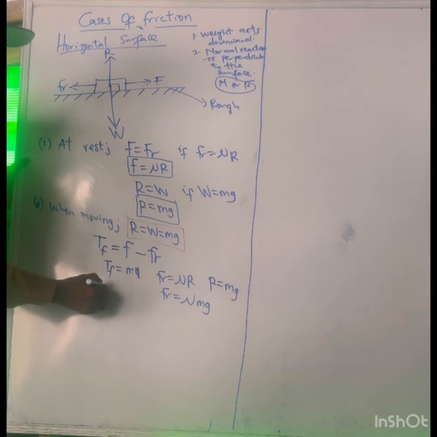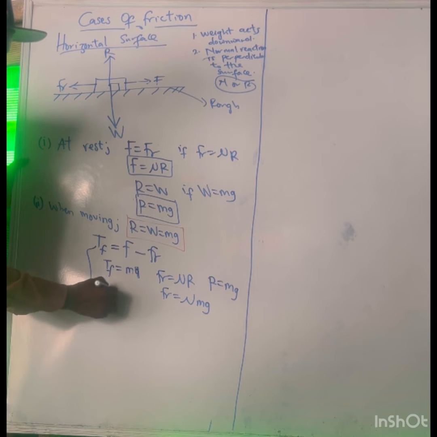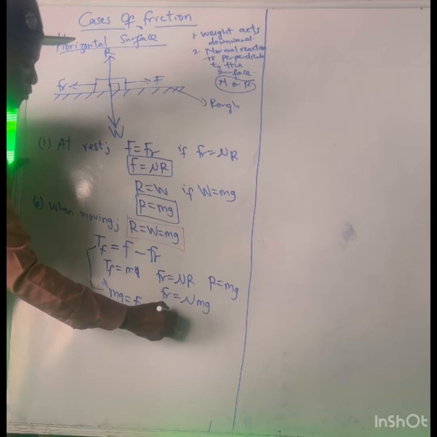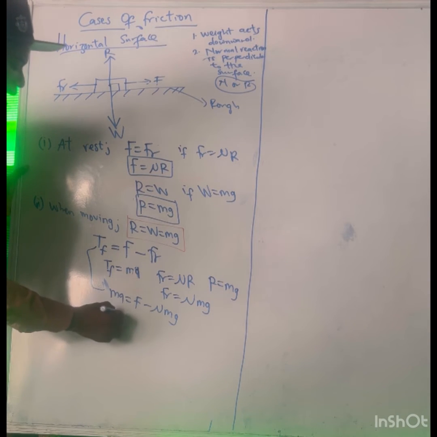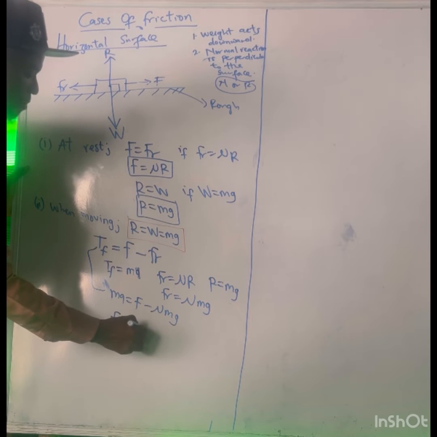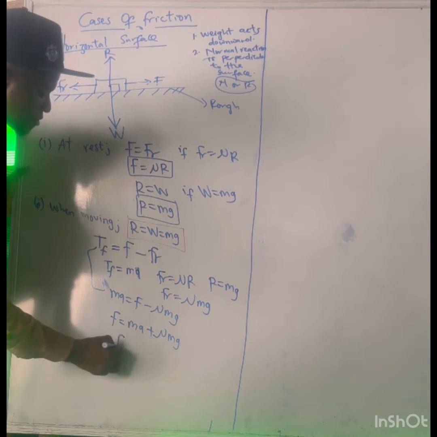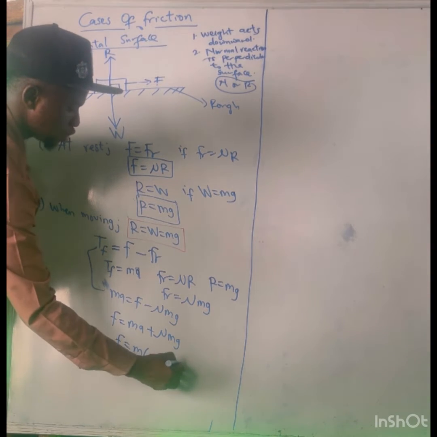So this simply means that my total force Ma is equal to F minus mu mg. So therefore, I can make F the subject of the formula, then F will become Ma plus mu mg. And my F is equal to Ma plus mu mg.